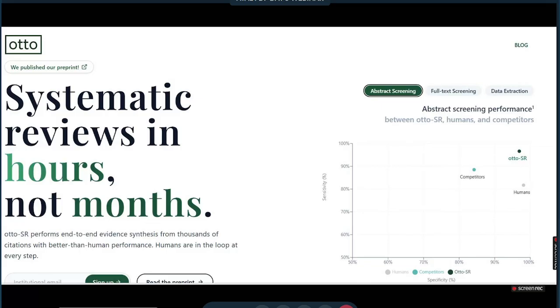With the release of AI tools like AutoSR, the entire question of where humans stand in the research ecosystem was rekindled last year, because this tool can create an entire systematic literature review in a few hours.